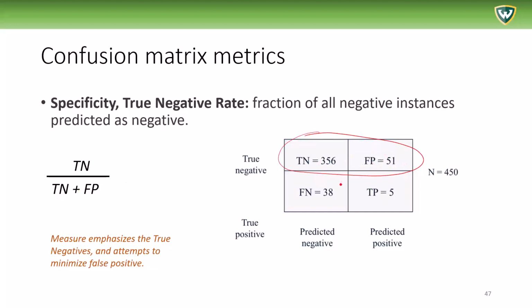So it's kind of like the recall rate, but on the negative side. Here you're emphasizing the true negatives, and it helps you minimize the false positive, because if your model has a high false positive rate, this goes up and the whole value goes down, right?